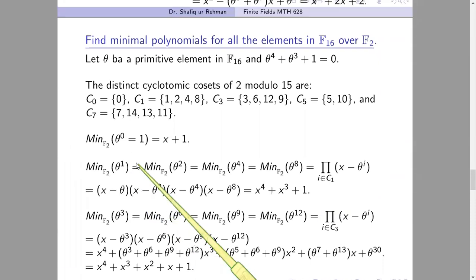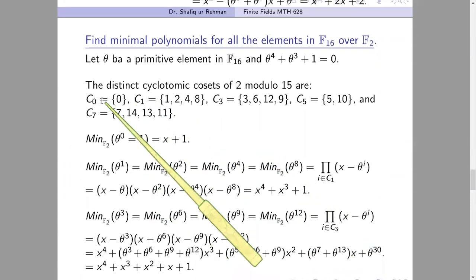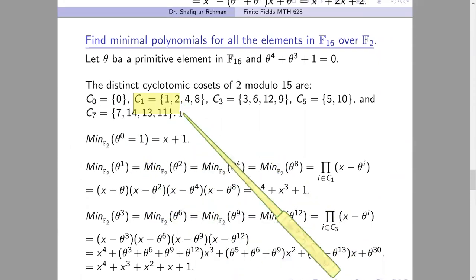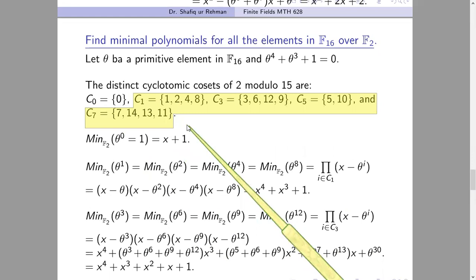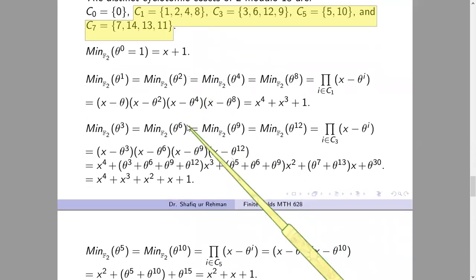In the previous example, the size of cyclotomic cosets is bigger as compared to the last example, but the number of minimal polynomials is less as compared to the last example. So in this way, the size of cosets and the number of cosets are, we can say, inversely proportional in some sense.